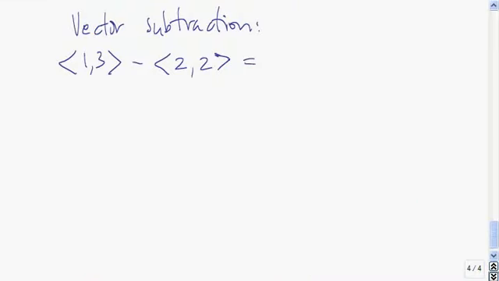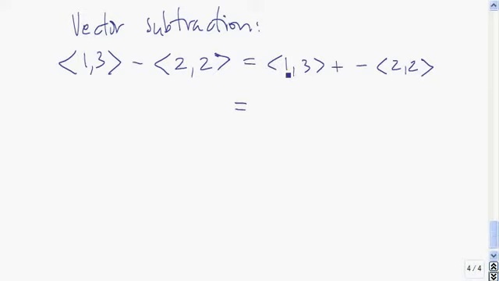The next operation I'm going to talk about is vector subtraction. Vector subtraction is very similar to vector addition. In fact, we can view this as vector addition if we write it in that way: we have the vector 1, 3 plus the negative of the vector 2, 2.